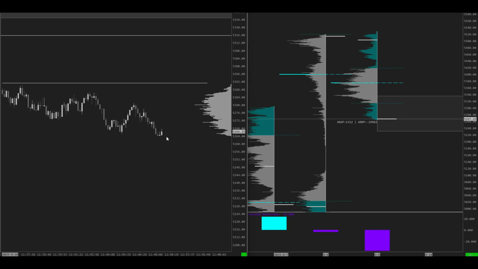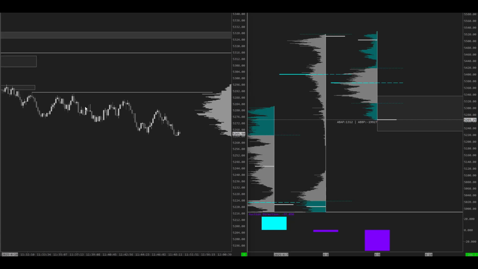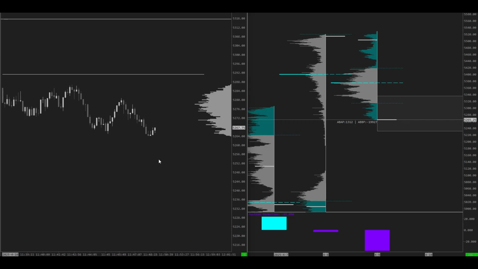So that's kind of another factor. Anywhere between about 11 to 11:30 is when it typically starts. It's just kind of chopping around, but slowly going lower.